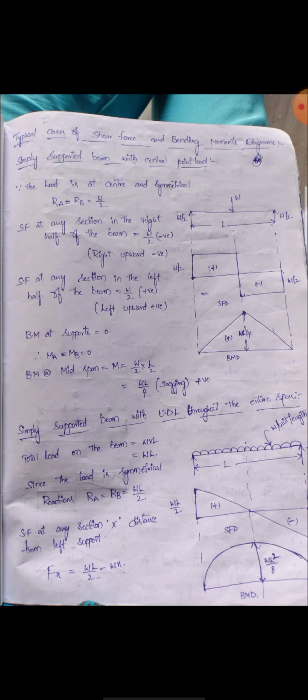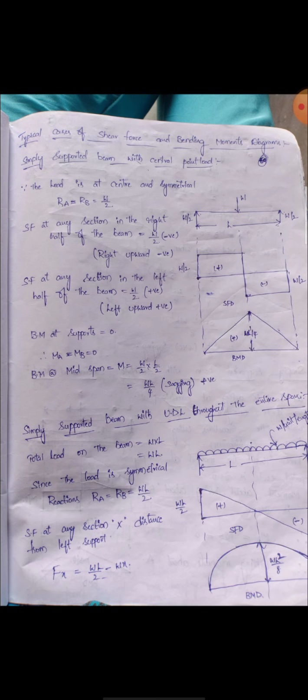So for a simply supported beam with UDL throughout the beam, here the figure is there. Throughout the length load is acting, so the load is nothing but uniformly distributed load, UDL, acting throughout the beam. For UDL calculations, the load is not only the load but the length of the load is also mentioned.